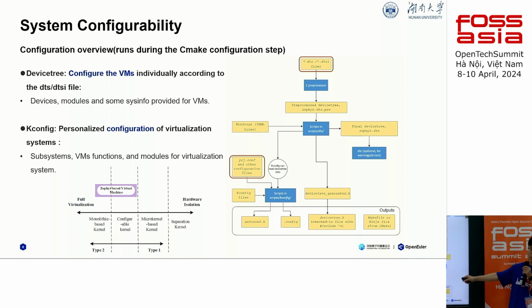And with these features, ZVM can switch between type 1 and type 2 hypervisor. If it's a type 1 hypervisor, it means that few subsystems are built into ZVM itself. And if it's a type 2 hypervisor, it means that most of the kernel services or other services may be built into ZVM.